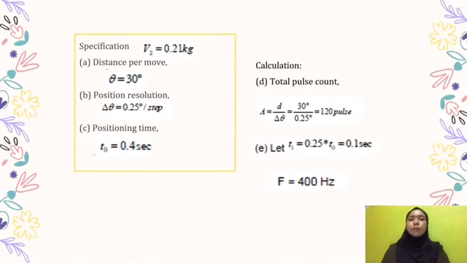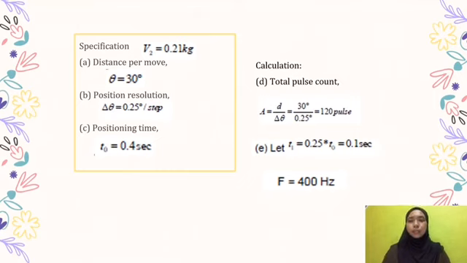Specification. V equal to 0.21 kilogram. A. Distance per move. D equal to 30. B. Position resolution. Theta equal to 0.25 divided by step. C. Positioning time. T0 equal to 0.4 second. Calculation. Total pulse count.